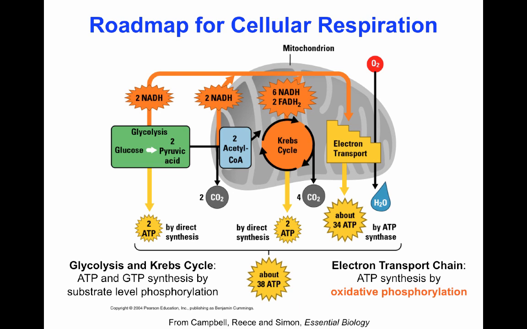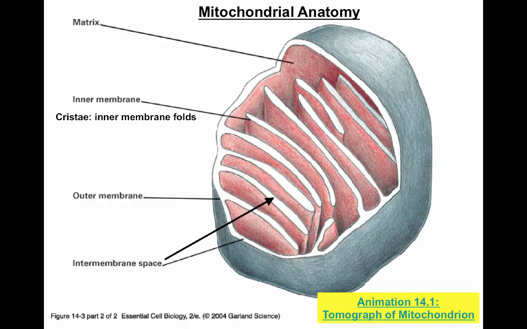Now, the ATP generated through oxidative phosphorylation is generated by the enzyme ATP synthase. So what we're going to see is, if everything goes right, a production of about 38 ATP molecules from one glucose molecule. Now, let's take a look at the mitochondrial anatomy to review it one more time.